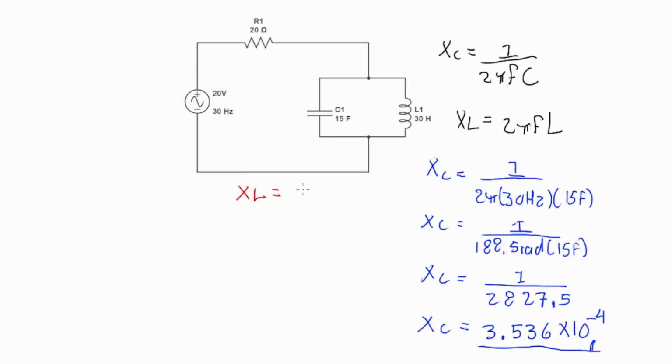The reactance of the inductor will be equal to 2π times frequency times inductance. We already did this multiplication. The value won't change because the frequency is the same. So we can just write here that the reactance of the inductor will equal 188.5 radians multiplied by the inductance.